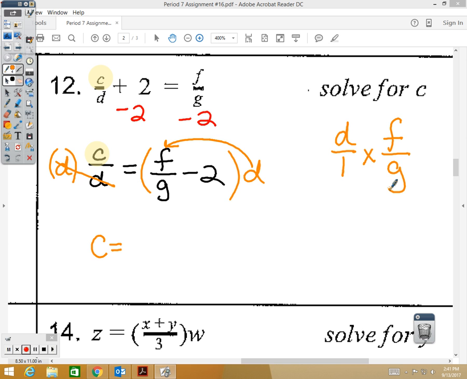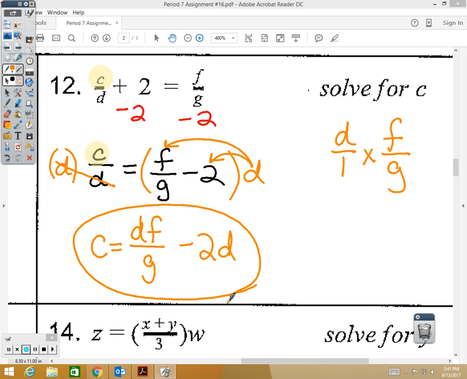So wouldn't this be DF over 1G, but we don't need that 1 there. So D times F over G is DF over G, and then a negative 2 times D is negative 2D. And there it is. I'm going to pause the video for a second.